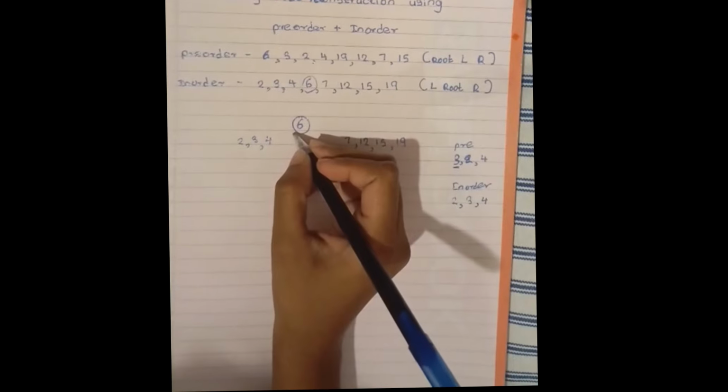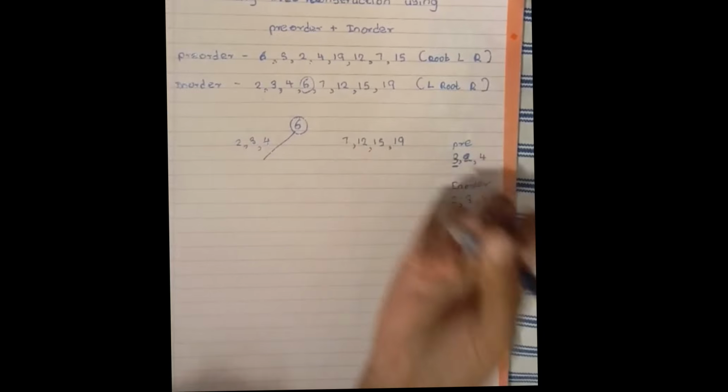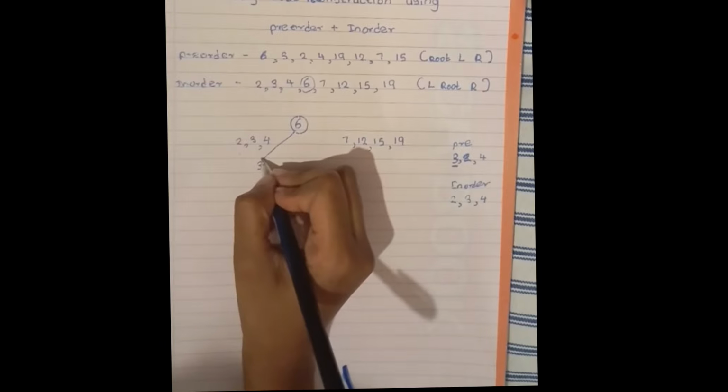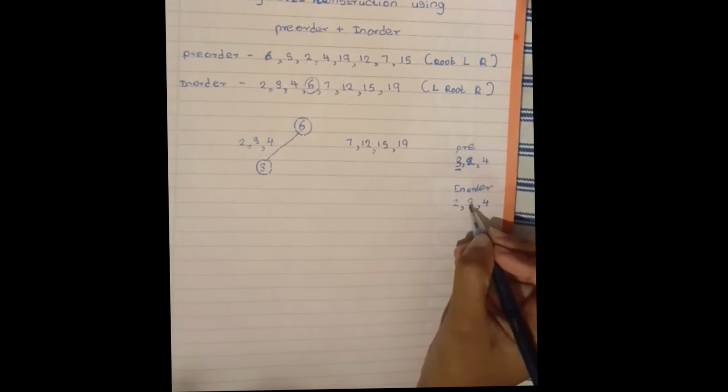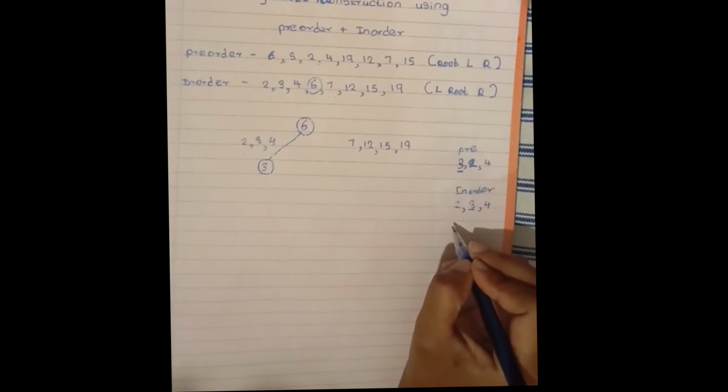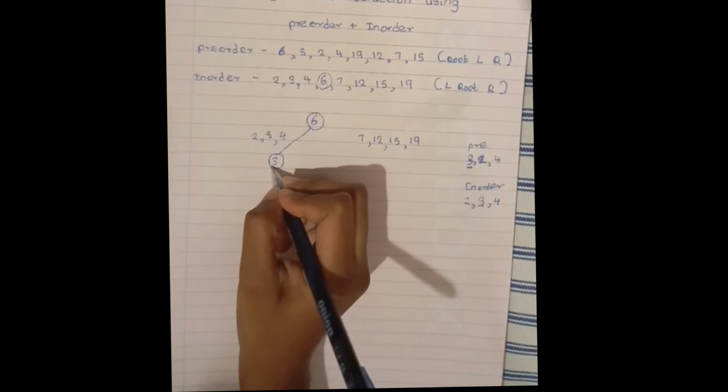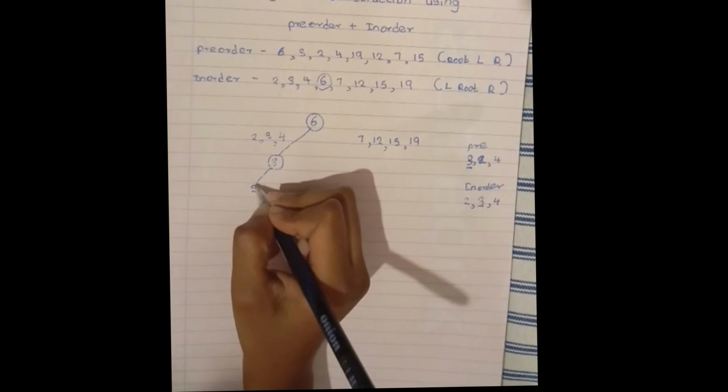So 3 is the root. In Inorder, here 3 is the root, and to the left of 3 is 2.